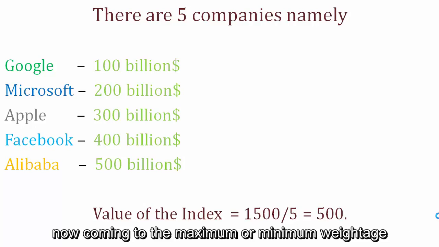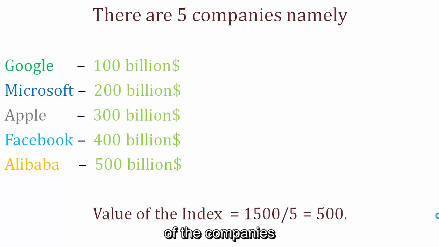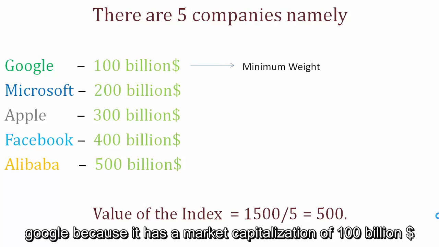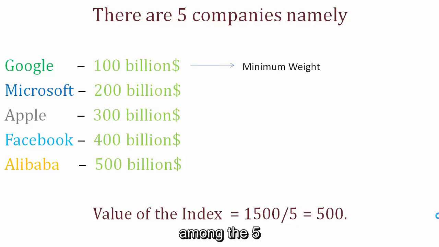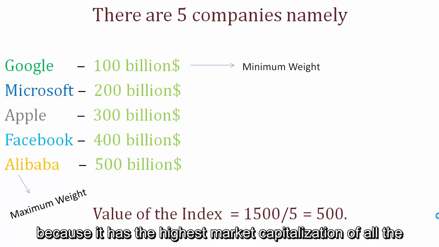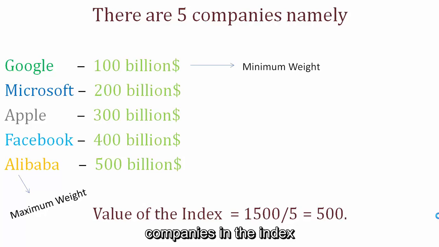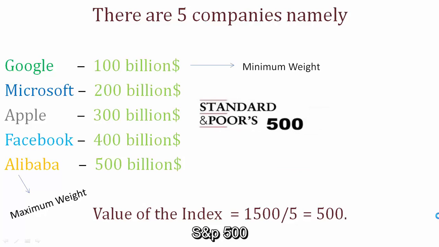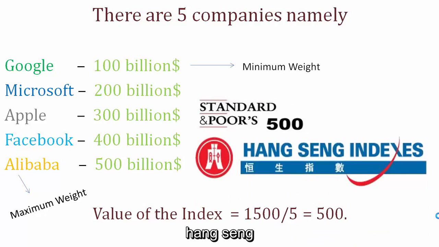Now coming to the maximum or minimum weightage of the companies. The minimum weightage company will be Google, because it has a market capitalization of $100 billion, which is the least among the 5. And obviously the maximum weightage company would be Alibaba, because it has the highest market capitalization of all the companies in the index. Some popular market capitalization weighted indexes are S&P 500, Hang Seng, Nasdaq, Wilshire, etc.